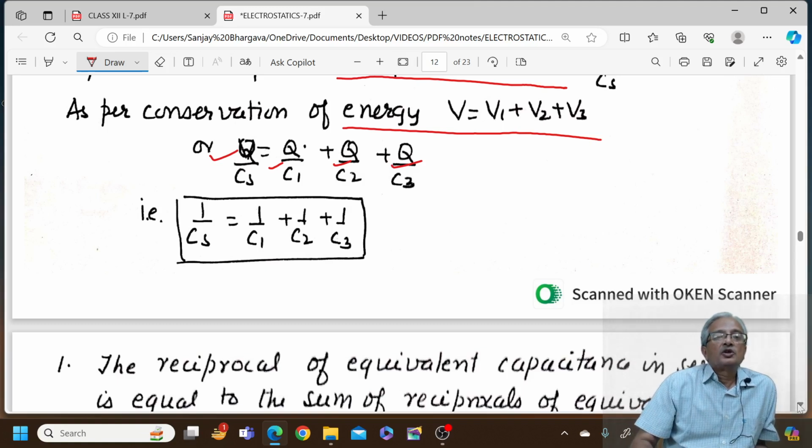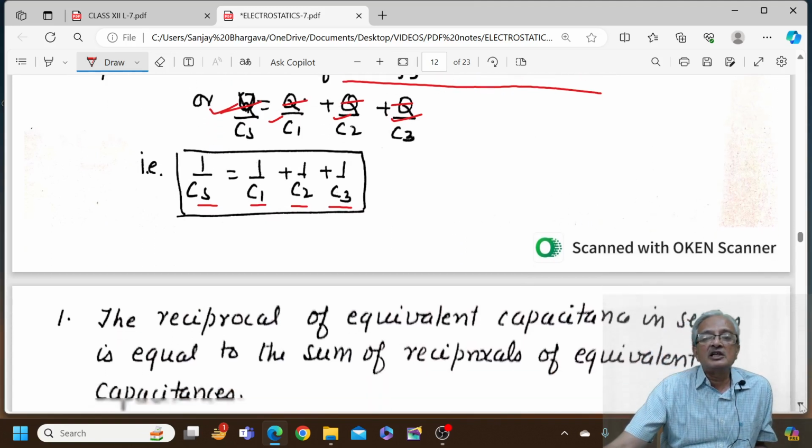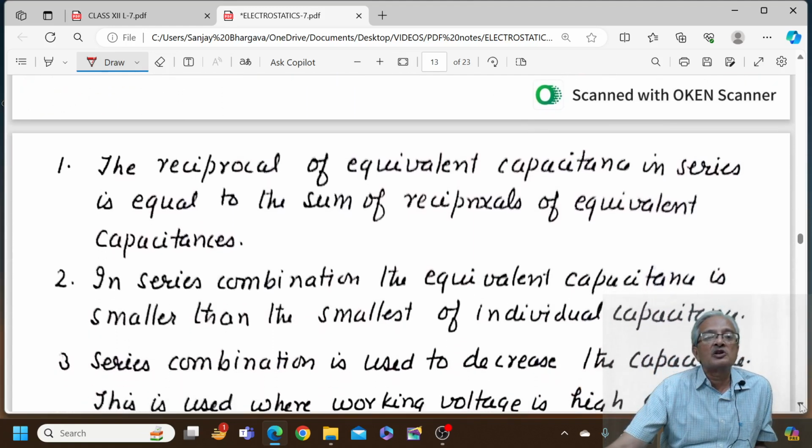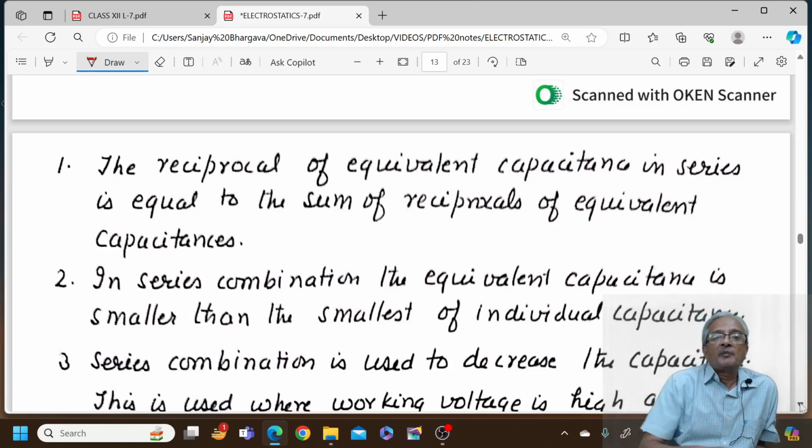The charge Q cancels on both sides, giving 1 upon Cs is equal to 1 upon C1 plus 1 upon C2 plus 1 upon C3. The reciprocal of the equivalent capacitance is equal to the sum of the reciprocals of the individual capacitances.